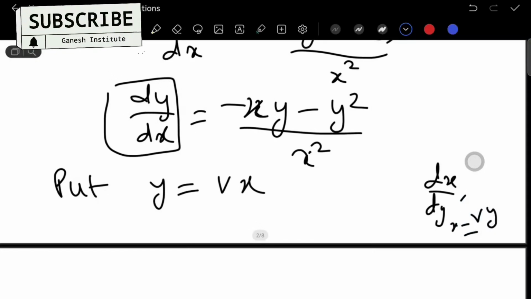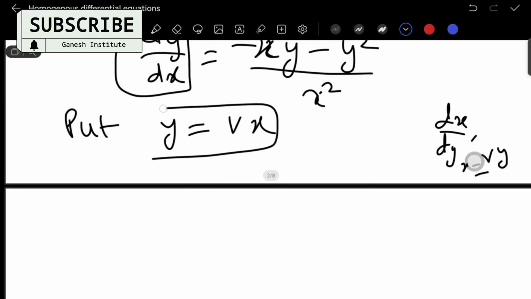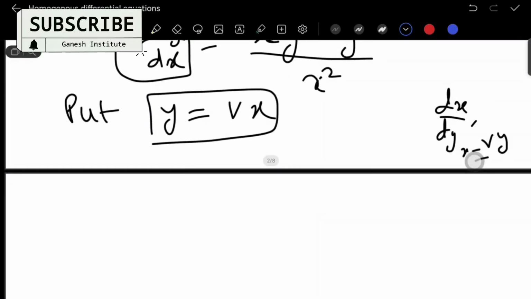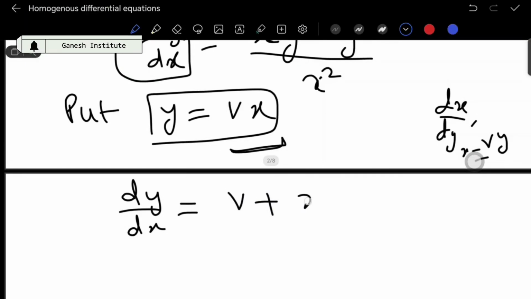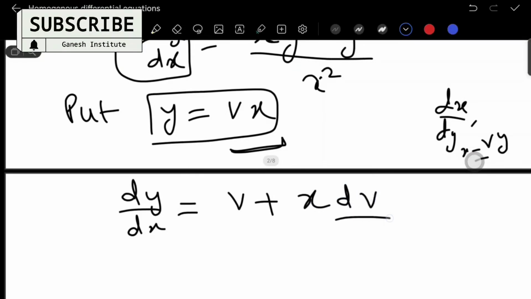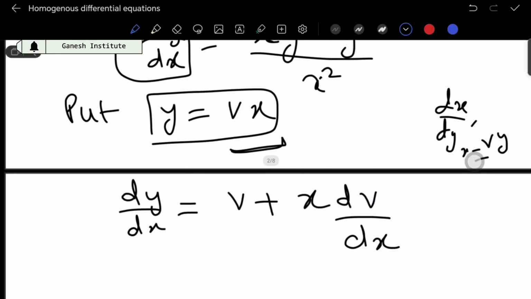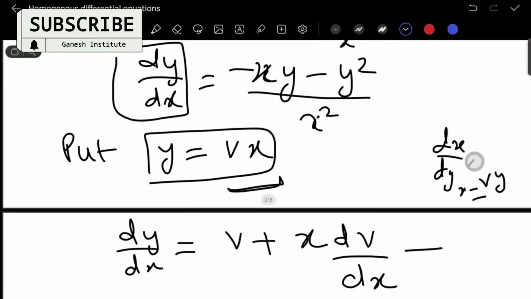Now you are considering y equals vx. Now differentiate it. So dy by dx, if you apply the product rule here, differentiation of v with the rest, v is constant, so differentiation of x is 1, plus you are keeping x as it is and differentiation of v with respect to x. So this is the expansion, right?